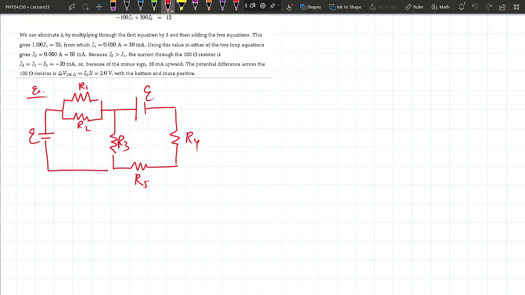Okay. And then, let's see. R1 equals R3 equals R5. So all the odd-numbered resistors have the same resistance, and all the even ones have the same resistance of 20 ohms. Okay. So now the task is to figure out all the current flowing through all these different resistors.